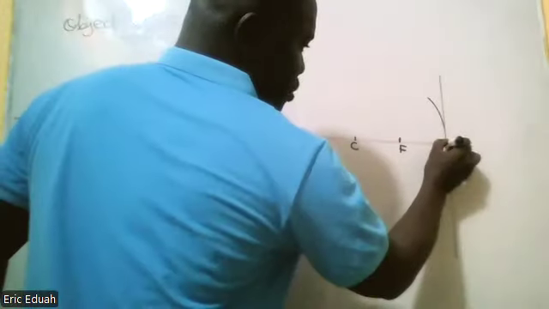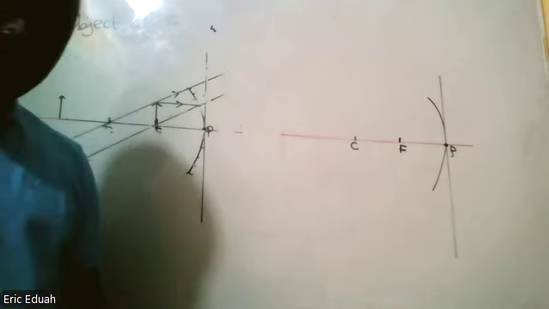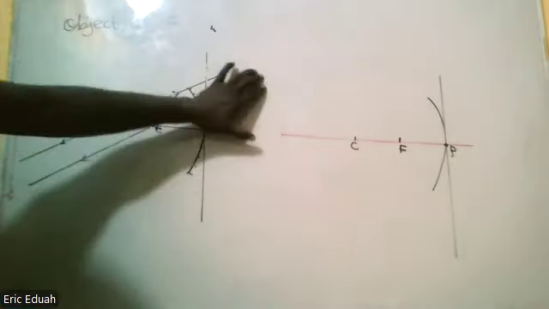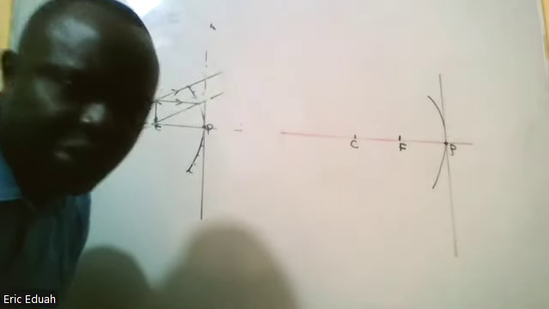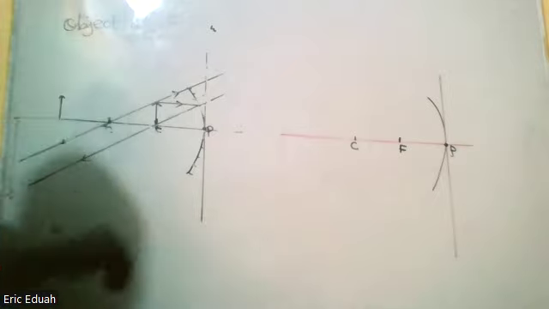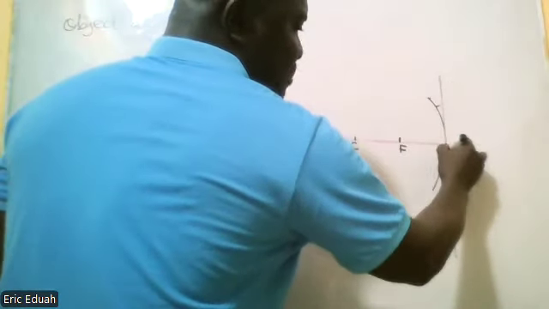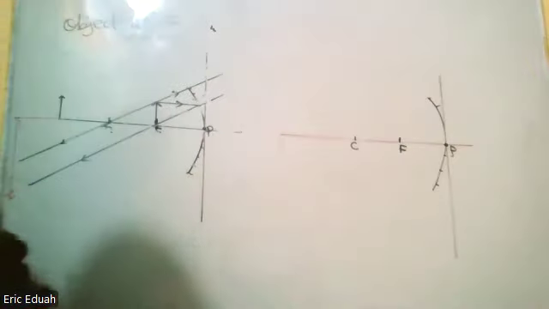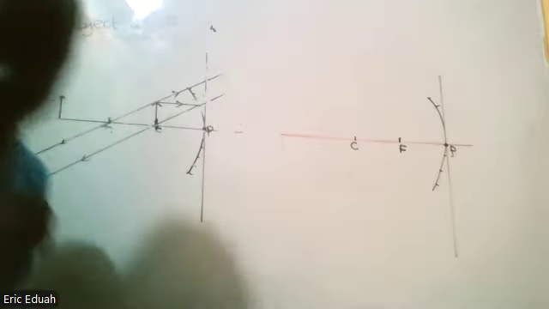Now, because infinity is a very far end, we cannot put an object at infinity. But what we can actually do to draw the conclusion that an object is at infinity, or that the rays hitting the mirror are coming from infinity, is that whenever in a ray diagram two or more rays are parallel to each other, then it means they are from infinity.